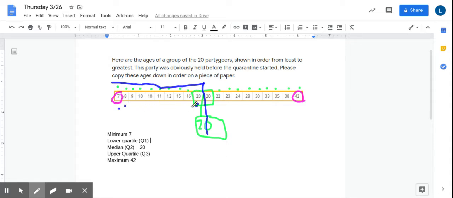So 7 and 20, 8 and 16, 9 and 15, and 10 and 12. And then I find that 10 and 11 are my middle numbers. Okay, so again, I have to add them together. 21 divided by 2. So the average of those two numbers is 10 and a half, which means my lower quartile, or my 25% mark, is 10 and a half.